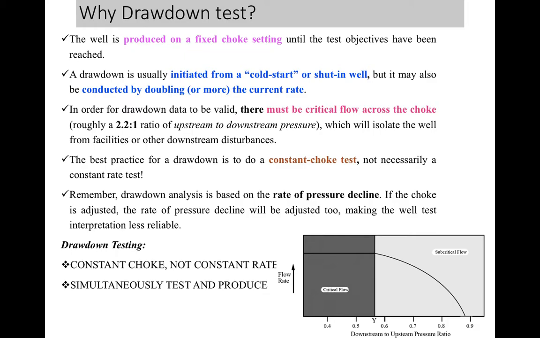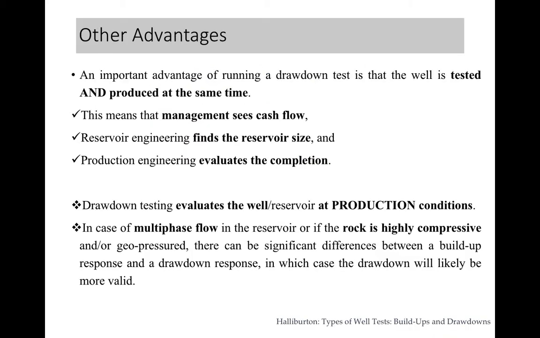Now in drawdown testing, we produce and test simultaneously, right? So both test and production go hand in hand in drawdown testing. There are some advantages that we have discussed, and in this slide we'll also highlight those. In a build-up test, the revenue goes down.